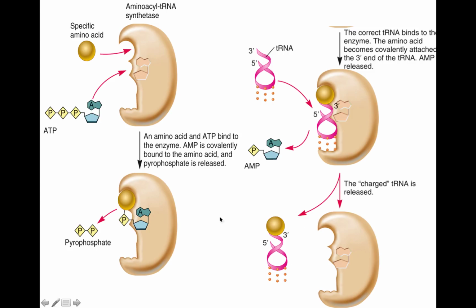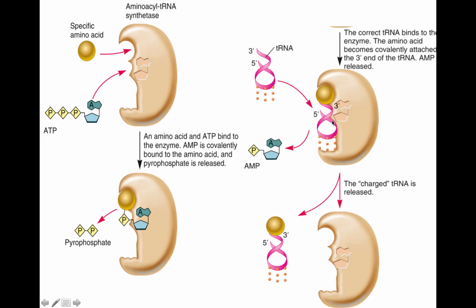One of the reasons that this is one of my favorite enzymes is because, not indicated in this diagram, there's a lot of proofreading that goes on during this process to make sure that this tRNA is the correct tRNA for this amino acid. One of the other reasons that I really like this enzyme is because this same enzyme for alanine will accommodate several different, well, 3 or 4 different alanine tRNAs in this slot.